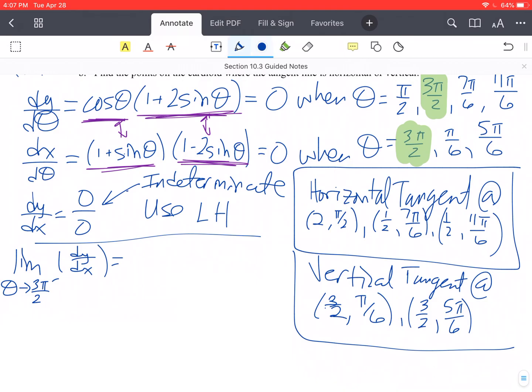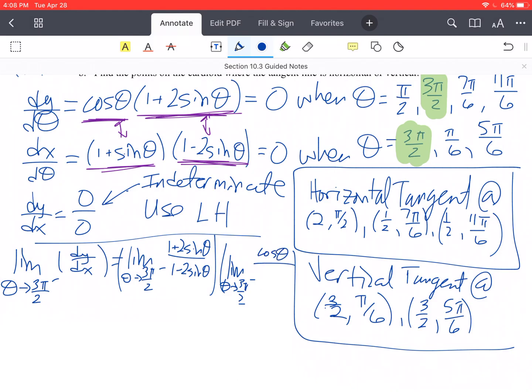So we have the limit as theta approaches 3 pi over 2 from the left of 1 plus 2 sine theta over 1 minus 2 sine theta, and then the limit as theta approaches 3 pi over 2 from the left of the other, so of cosine of theta over 1 plus sine of theta.